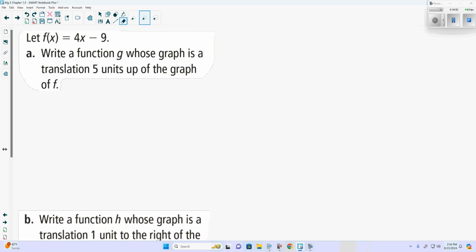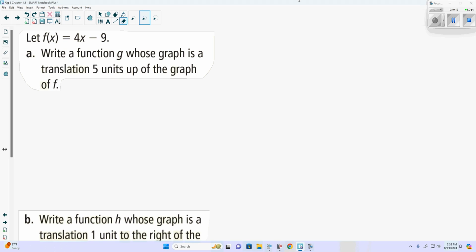Are you ready to look at the next one here? Now between the two, I think going up and down is, I don't like using easy, but it's a little bit easier than left, right. Just in how it works. Now our next one here, let f of x equal 4x minus 9.